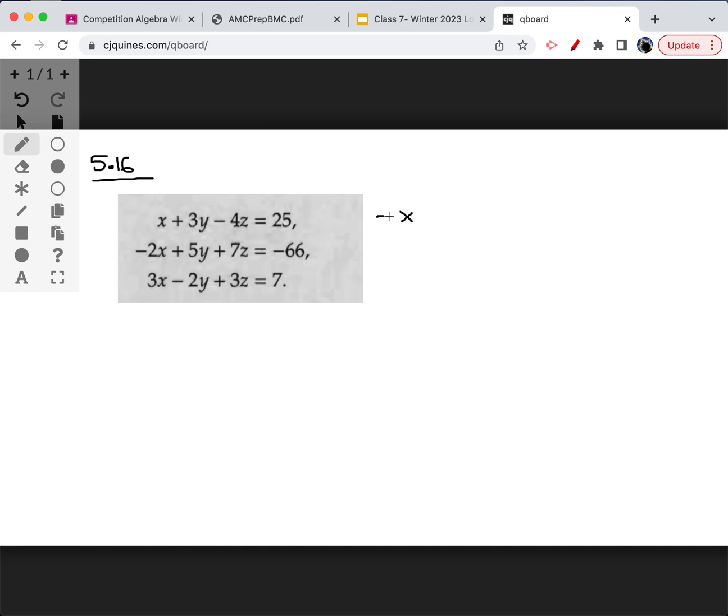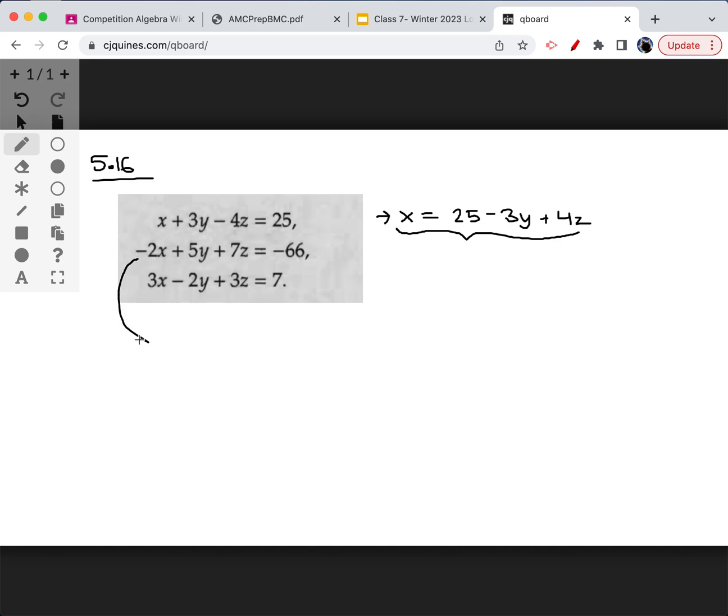So if we rearrange this first equation, we get x is equal to 25 minus 3y plus 4z.